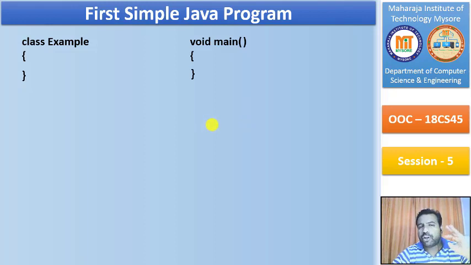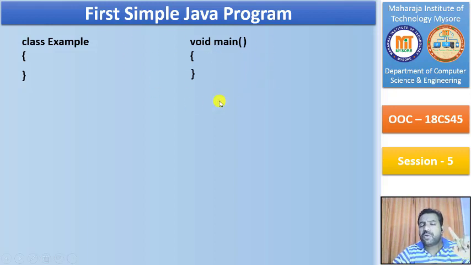It can be a function declaration, a function call, a data variable declaration, accessing a data member, object creation, or any sort of instruction in the form of a statement. Any statement in your Java program should be inside the class only. Either you declare a new class, or if you put any statement, it should be inside the class only.